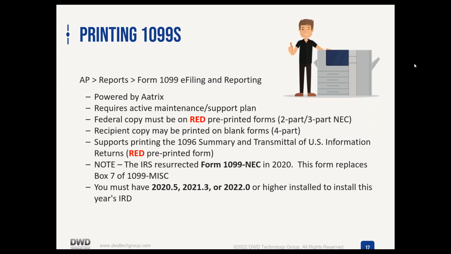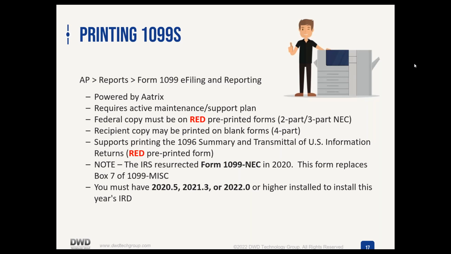How do we do our 1099s? Well, first of all, we need to have the Aatrix program, the Form 1099 e-filing and reporting program, installed on the workstation from which those documents will be prepared. You must have an active maintenance or support plan.